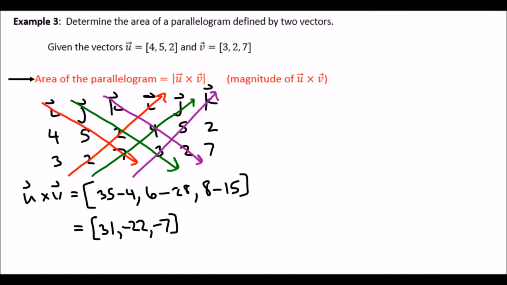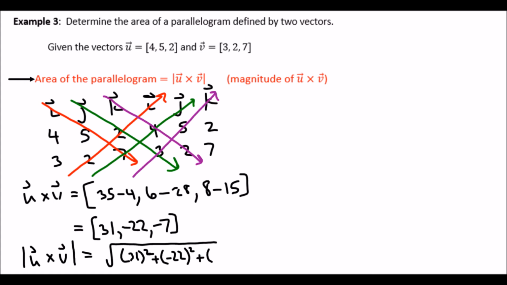So I actually know then the magnitude of u cross v will be equal to, if I square these and sum them, and then square root them, I will get its magnitude.